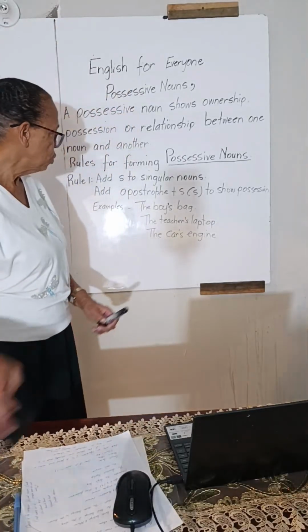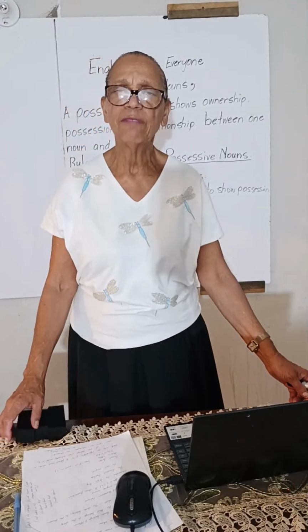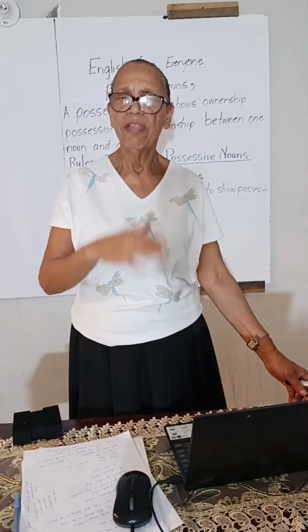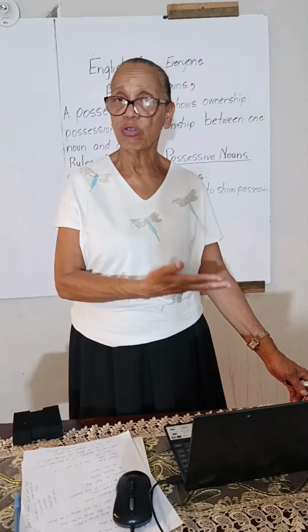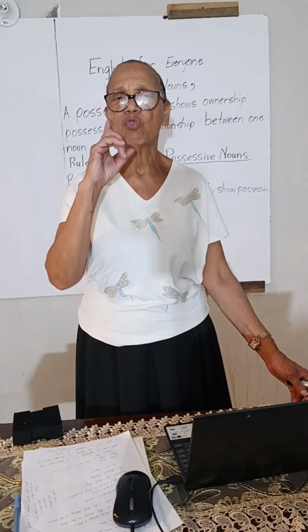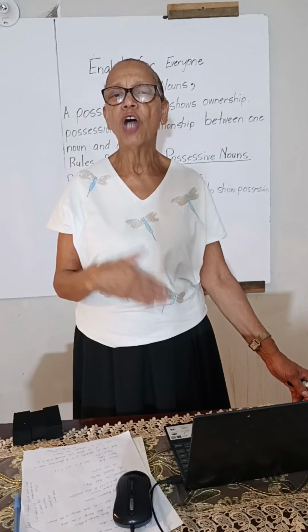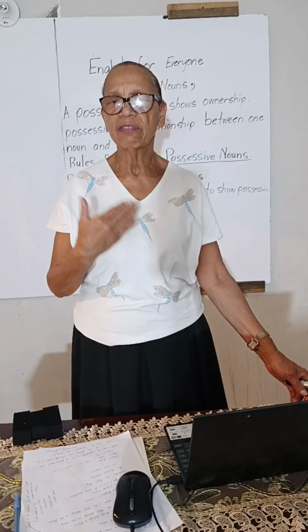As I said, when the apostrophe is on the inside, it means one. I'm going to tell you about exceptions to the rules later on. When the apostrophe is on the inside, it means one person, one animal, one object. The car's engine.